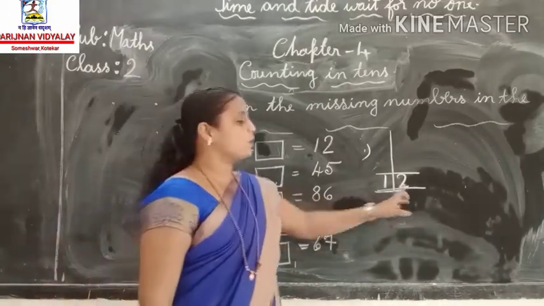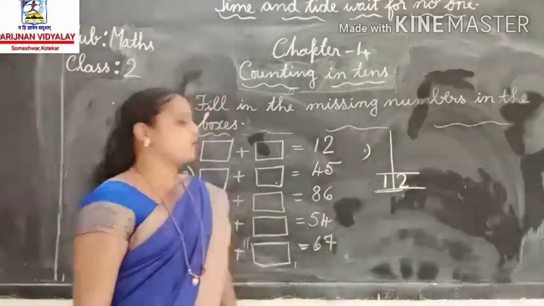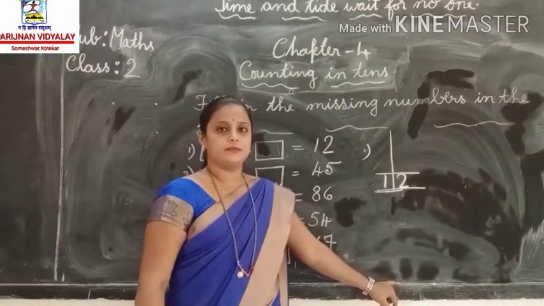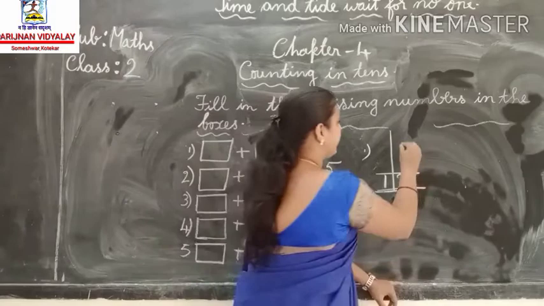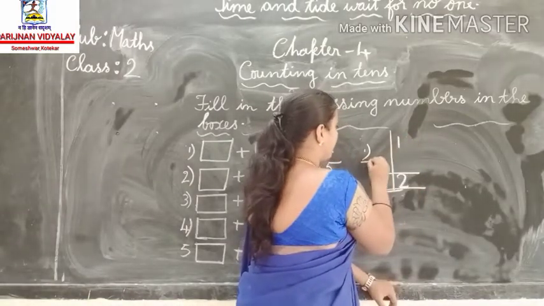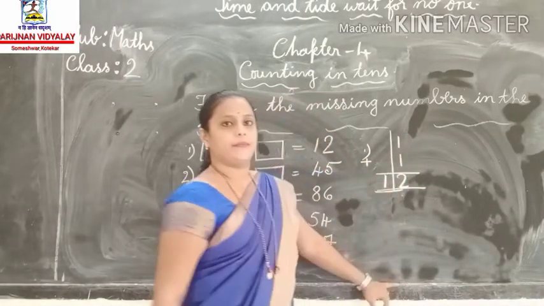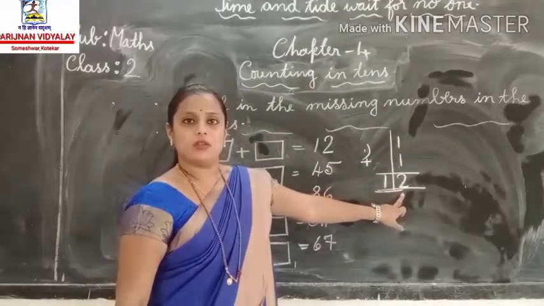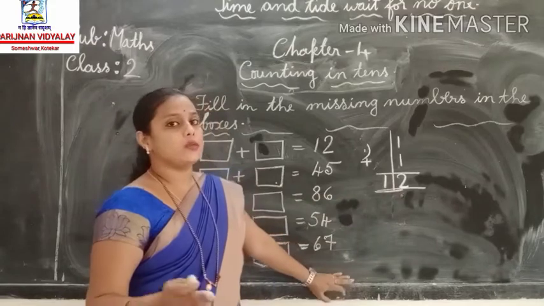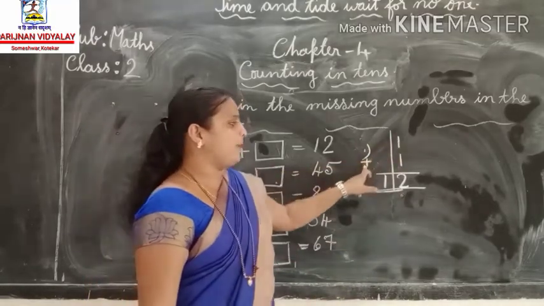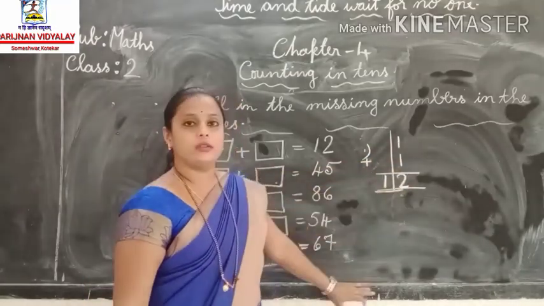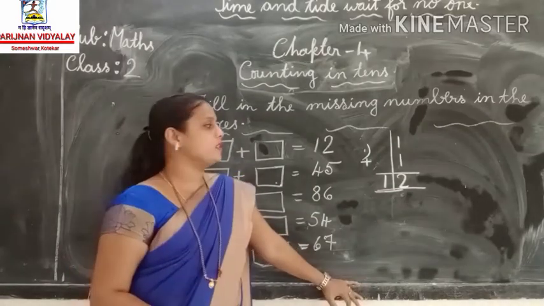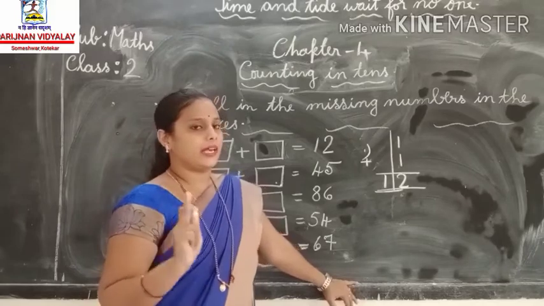So your answer should be 2. Can you tell me which numbers you can take to get the answer 2? Very good. You can take 1 plus 1. 1 plus 1 is equal to 2. Otherwise, you can take 2 plus 0 is equal to 2. That is your wish, children. You can take any two numbers, but the answer should be correct.